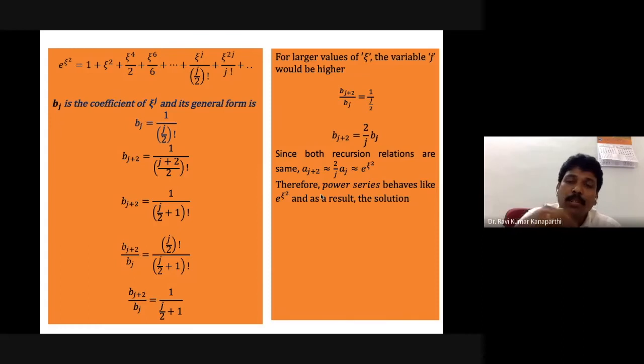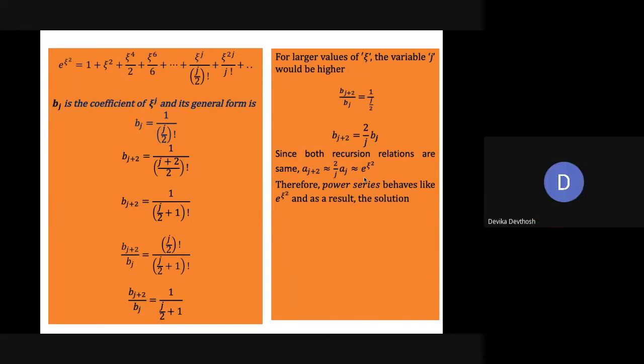In that situation, the function is exactly going to behave like e to the power z square. Are you getting this logic? This is a very, very important logic, and if you miss it, you won't follow further. You can stop me, anybody can raise a question on this logic. Sir, can you explain once more?